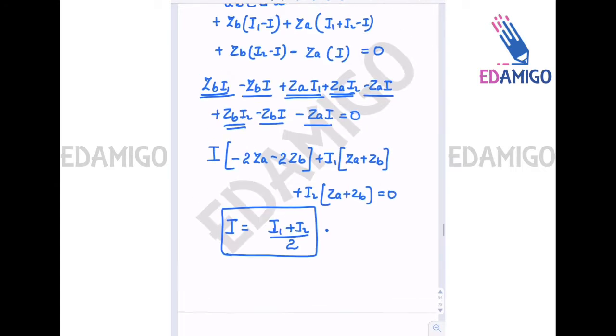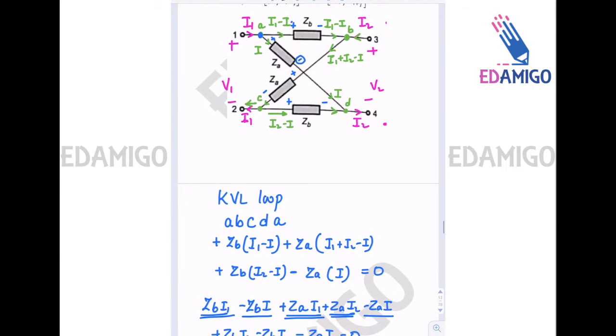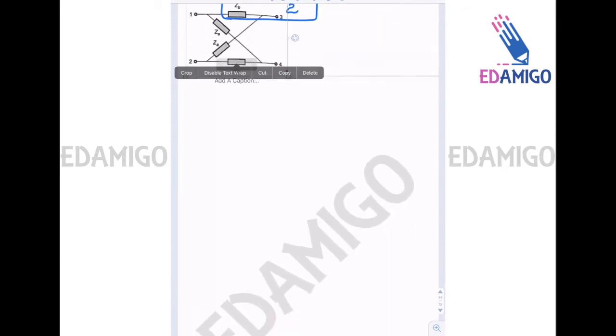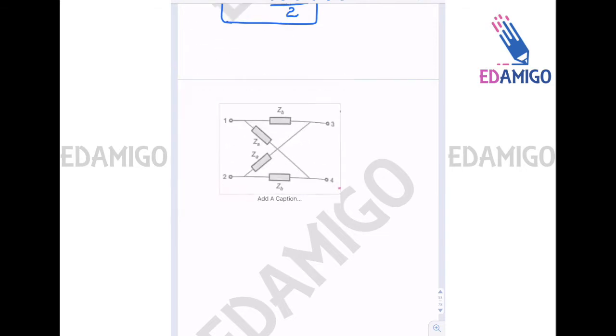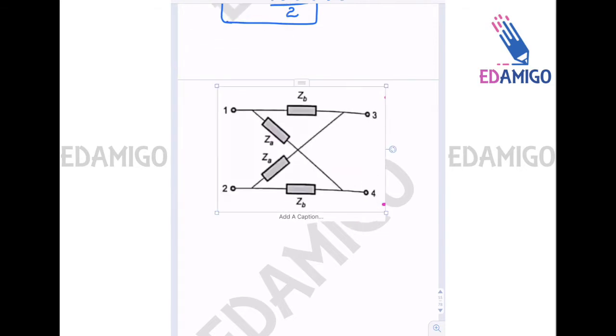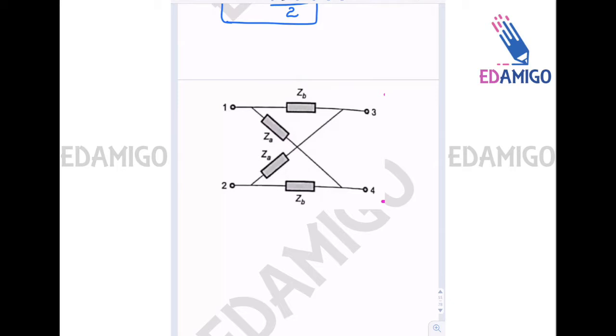Okay, from the above KVL loop. Now let me paste the figure again. So this is V1. I1 is the current here.